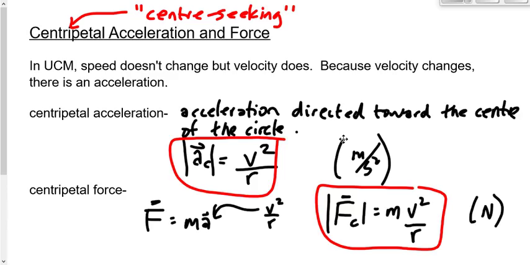If the Earth is going around the sun, there's a centripetal force. Why? Because the sun in the middle of that circle, or almost a circle, pulls it in by gravity. When the electron orbits around the nucleus of an atom, why does it go in a circle? Well, because the electric force of the protons in the nucleus pulls it in toward the center.